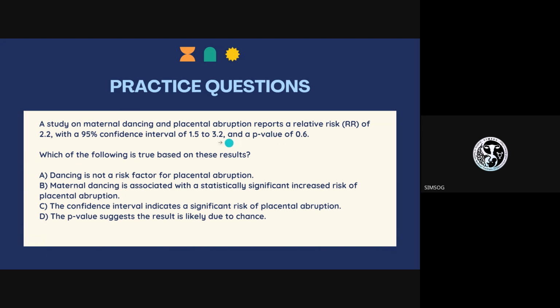So if both values of this 95% confidence interval fall on one side, either more than 1 or less than 1, then the p-value definitely comes out less than 0.05. So that was an error in typing. So here consider it 0.5 to 3.2. That would make the confidence interval non-significant. And option D, the p-value suggests the result is likely due to chance. That is true. So option A and option D are correct.